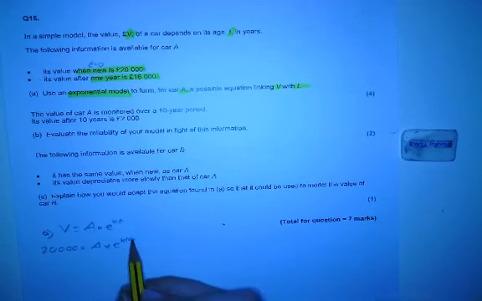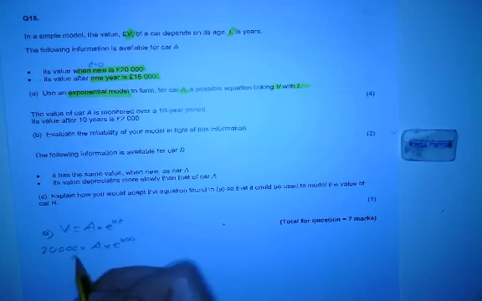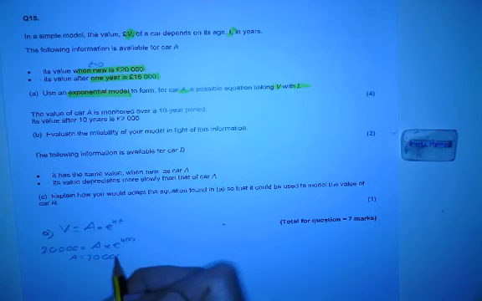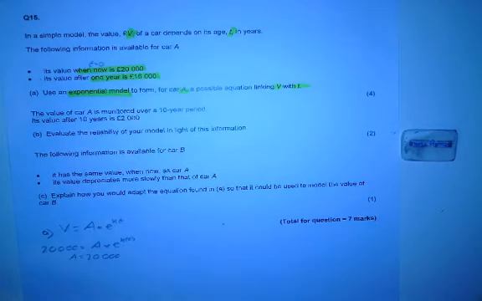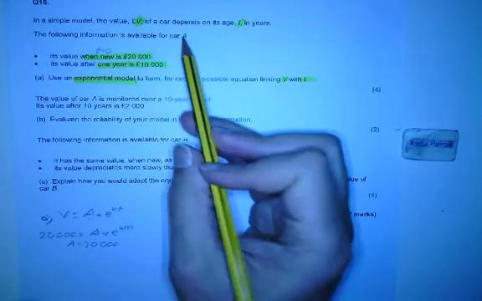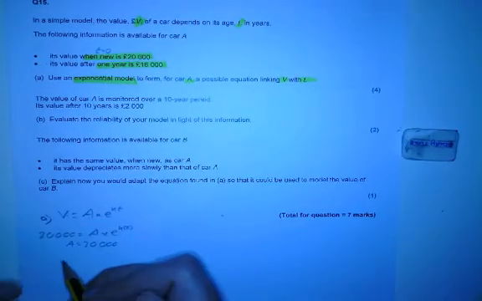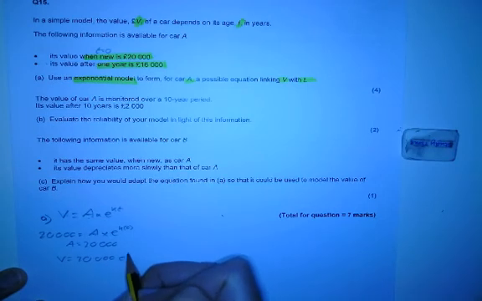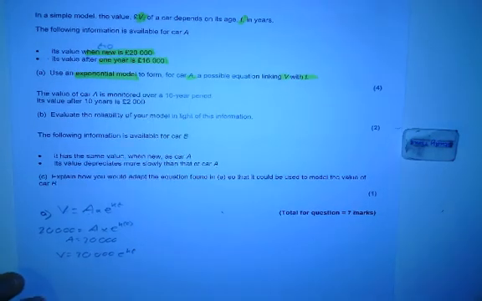Remember that e to the k times 0 just gives you e to the 0, and e to the 0 is 1. So a times 1 equals 20,000, which means a must be 20,000. Whenever you do these, the initial value is always the number that goes there. So now we've got that v is 20,000 e to the kt.